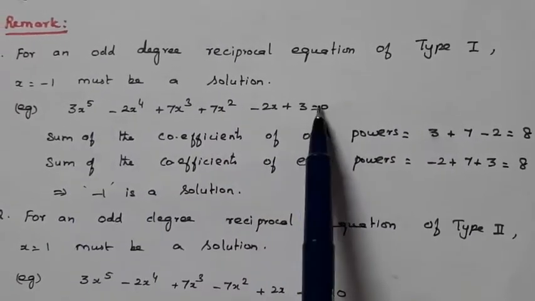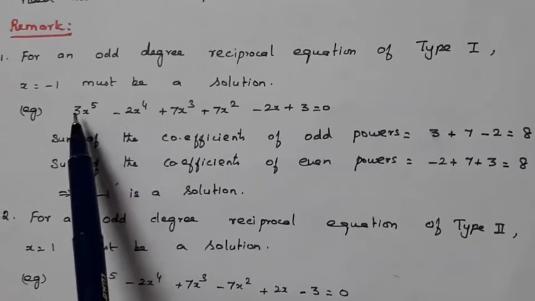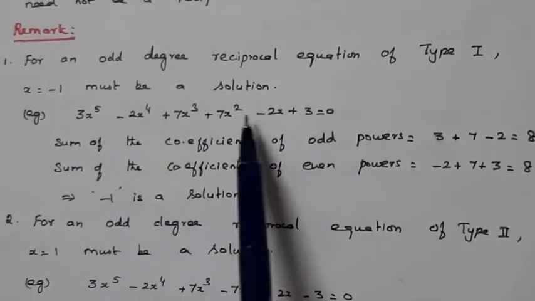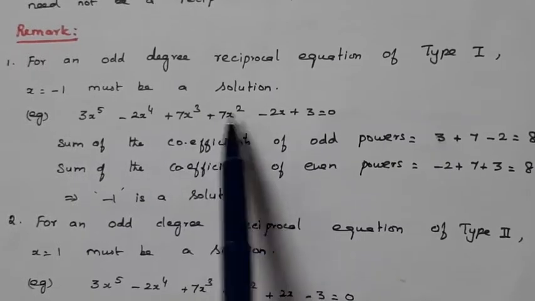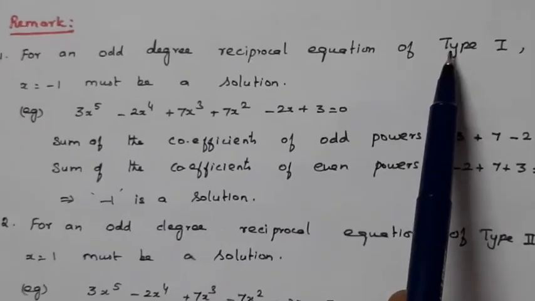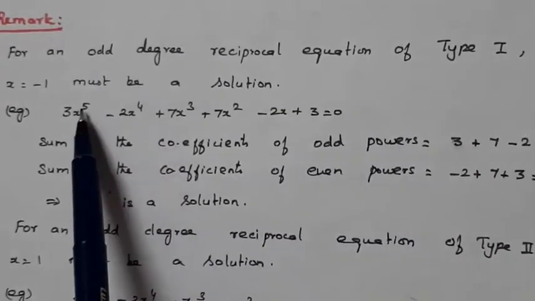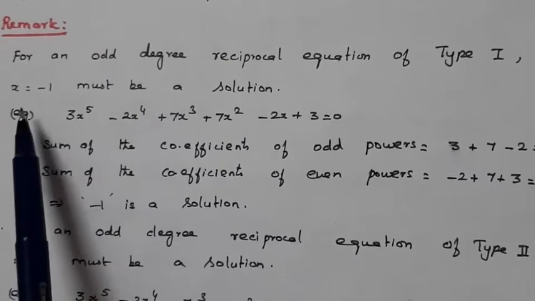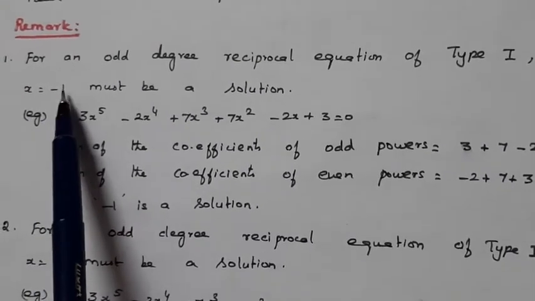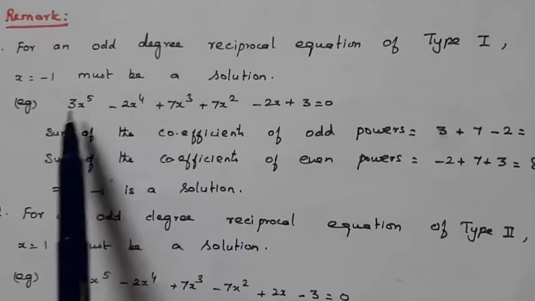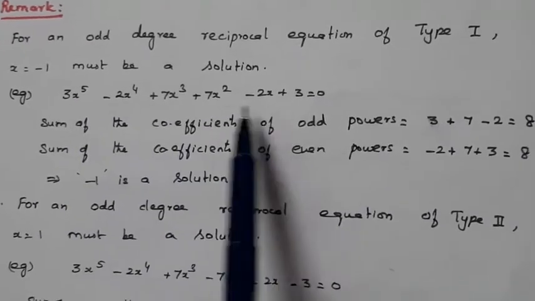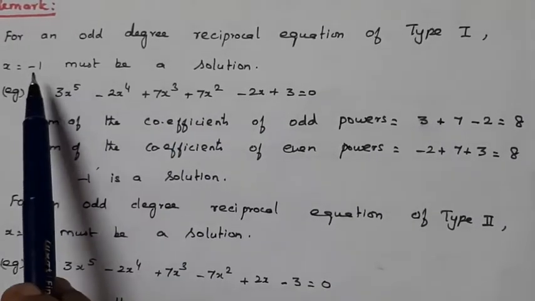Look at this equation. This is a reciprocal equation because the coefficients from the end and the beginning are equal. So it is of type 1, and it is of odd degree as the degree is 5. When will x is equal to -1 be a solution?